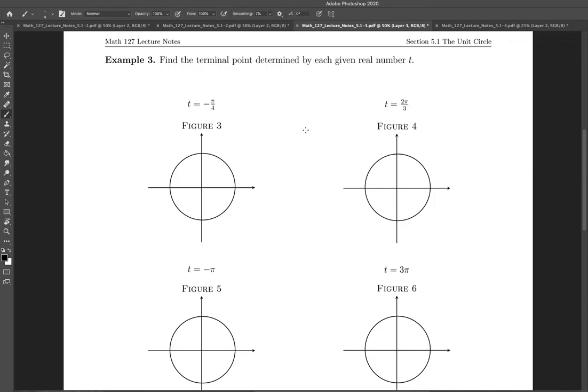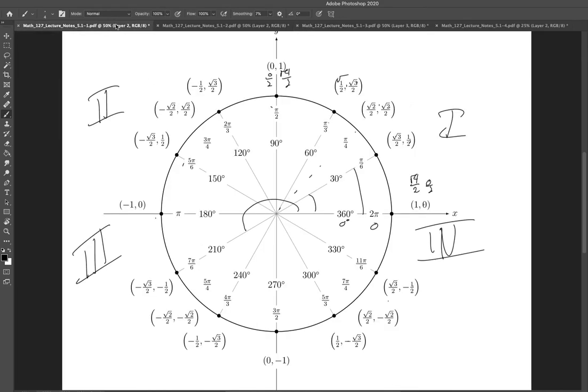All right, and so what do we do here? Here we're going to go backwards, so this is negative, so we're going this way to pi over 4. Notice that this point is the exact same if I went all the way around to this point. Well, what is that? We just look at our unit circle.